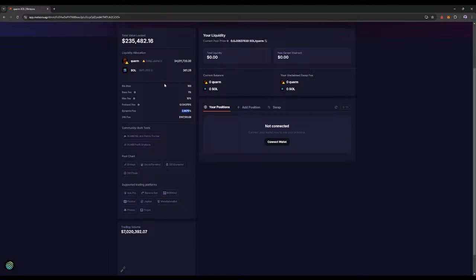So these DLMM pools also have this additional feature wherein in volatile situations, you are not only making the base fees, but actually making additional fees. So in addition to highly optimizing your capital to capture volume, in volatile conditions those fees are being increased multifold, and you're creating a scenario wherein you can generate a lot more fees compared to any standard CLMM pool.